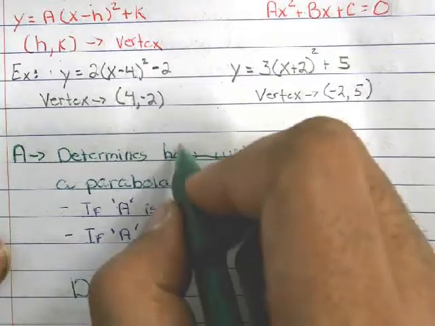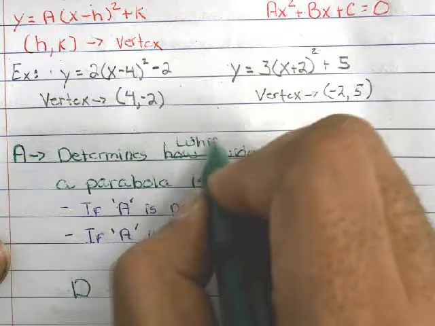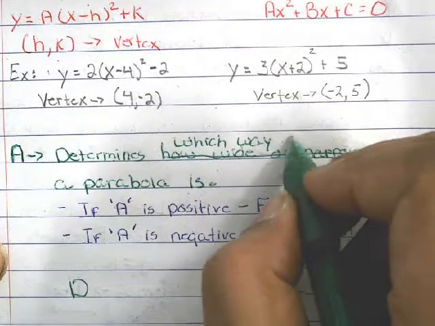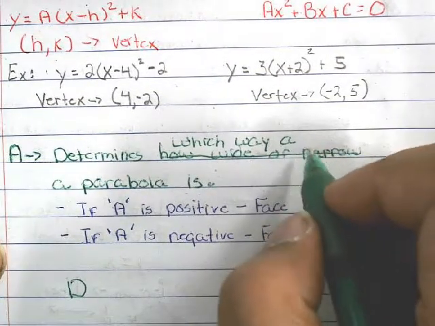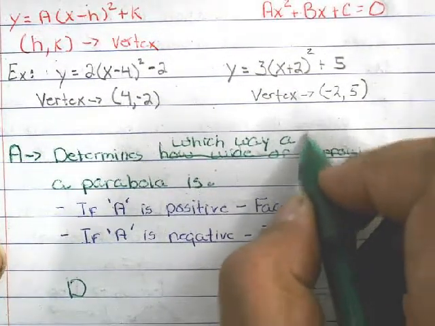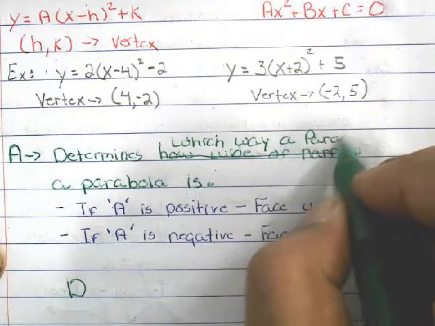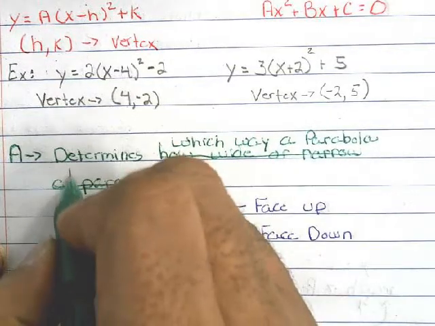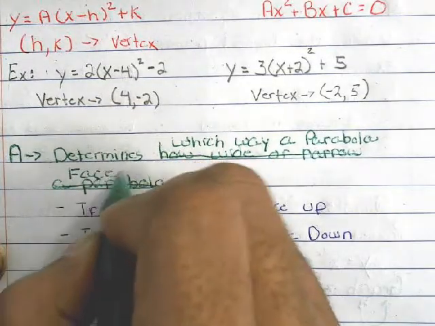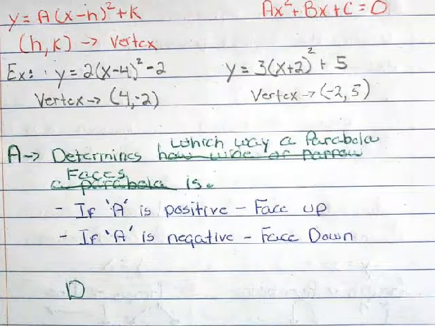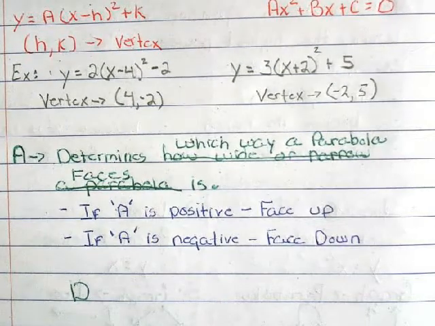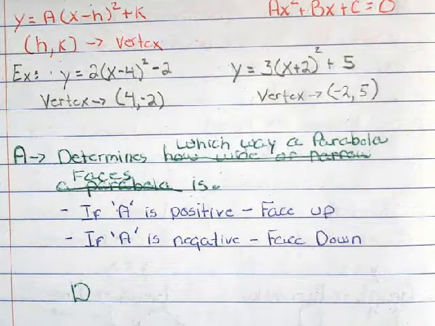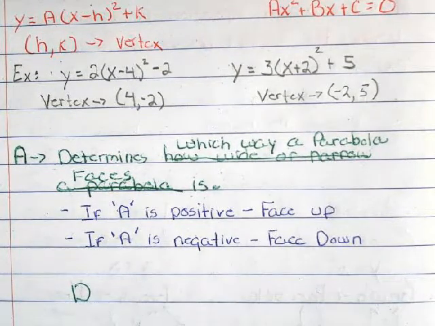Determines which way a parabola faces. I knew something was off. Determines which way a parabola faces. So if a is positive, it faces up. If a is negative, it faces down.